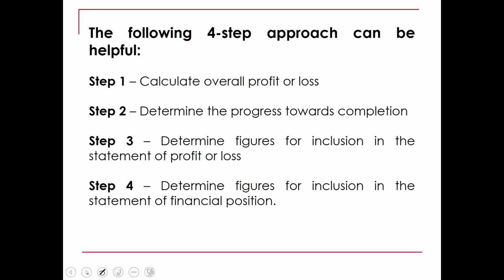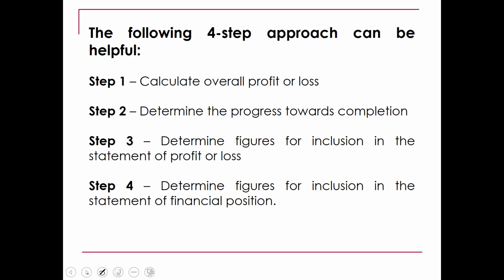If we're using the output method, what have we done so far in relation to what we need to do until we finish the contract? Are we 30% through? Are we 80% through? If we are 80% through, then we can recognize 80% of the total revenue that we are going to get from the contract. That's step number 2. Then step number 3 is to determine the figures for inclusion in the statement of profit and loss.